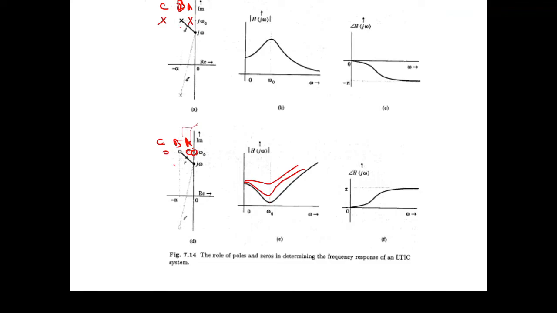Due to this reason, zeros can be placed anywhere on the Z plane. Poles have to be placed on the left hand side of the S plane. And the third proposition is that the number of poles should be greater than or equal to the number of zeros to design a realizable filter.